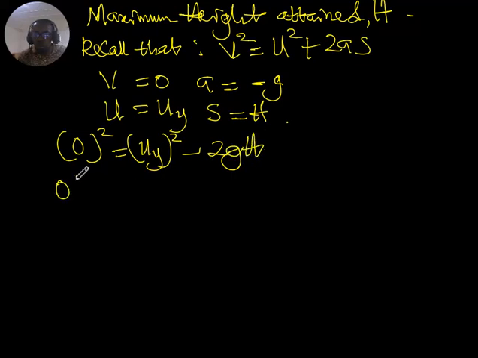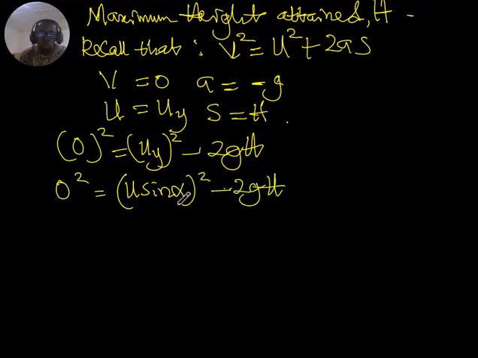So 0 squared equals u of y, which is u sine alpha, squared, minus 2g h. Take this to the other part, that is u sine alpha, it becomes minus open bracket u sine alpha squared equals minus 2g h.